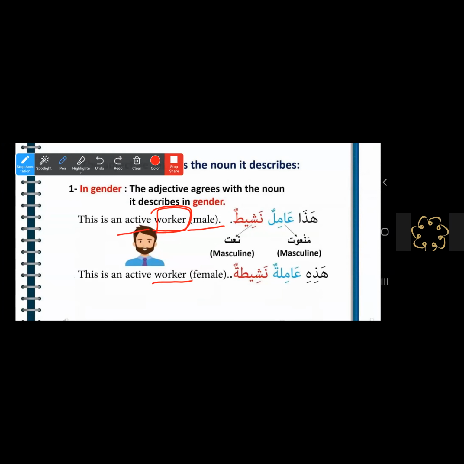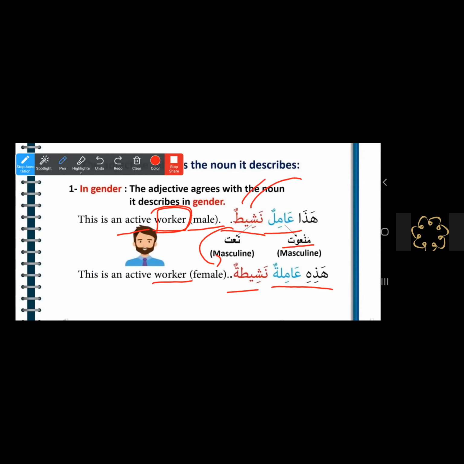For example, هذا عامل, they wrote here منعوت, meaning موصوف, the noun that you are describing. هذا عامل, it's a worker. Now you want to say something about him. Adjective, نشيط, active, opposite of كسول. تمام? Now, female version, هذه عاملة. So it turns into نشيطة. You need to add that. What they are trying to say, as you are already aware, in Arabic you need to take care of the gender all the time.